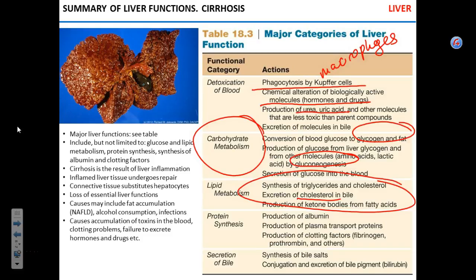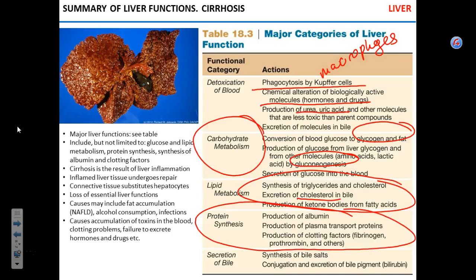Fatty acids, free fatty acids, are metabolized in liver into ketone bodies. We'll talk about ketosis and dietary ketosis and weight loss and different types of diet a little bit. Okay, so lipid metabolism.